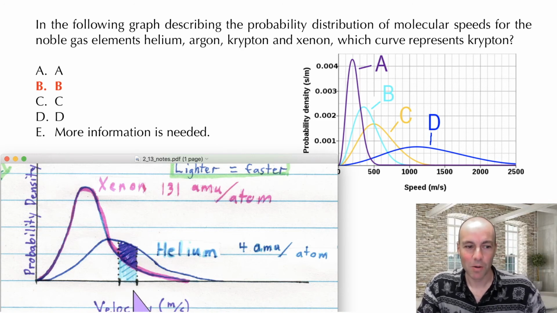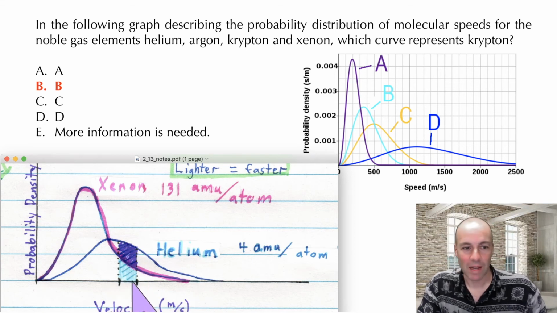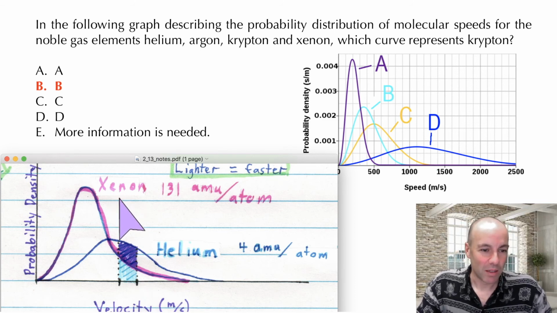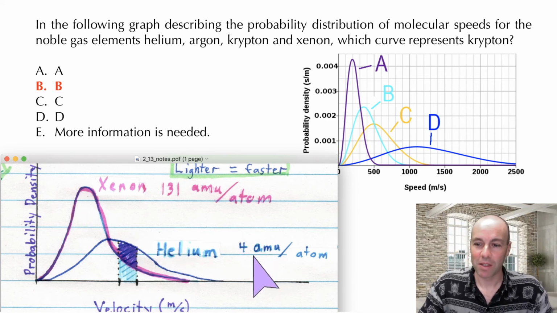And you could also discuss the areas under the curves and compare the slivers, and you can see that for faster velocities, the helium gas particles are more probable to move with faster velocities than the xenon particles. So that's between xenon and helium, and you can see that helium, the gas particles move more quickly than xenon, and that's because they're much lighter than xenon.